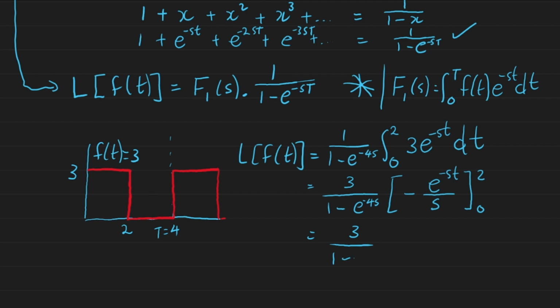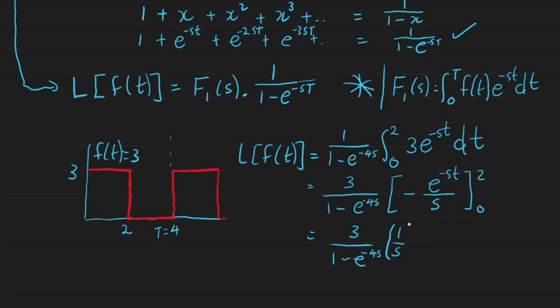And then once we substitute in, we'll have e to the minus 2s, and then e to the power 0. E to the power 0 is just 1. So we have 1 over s here.